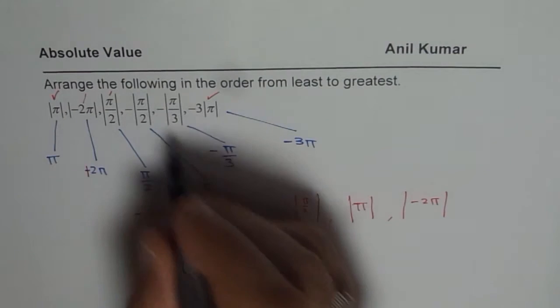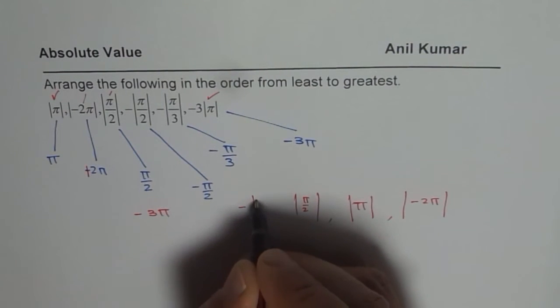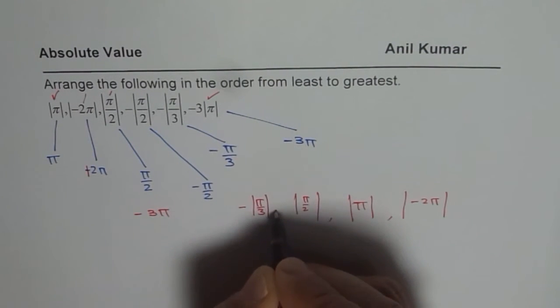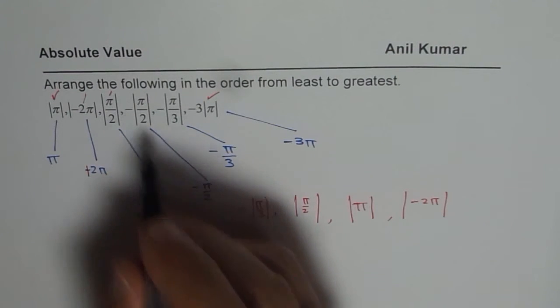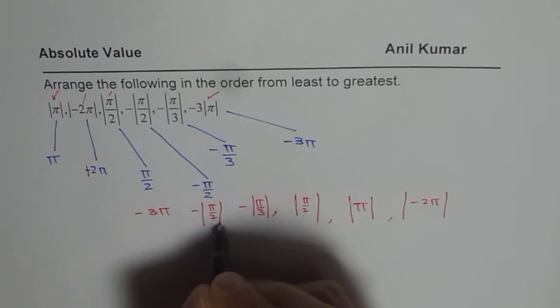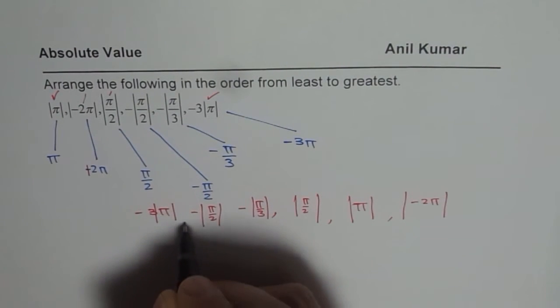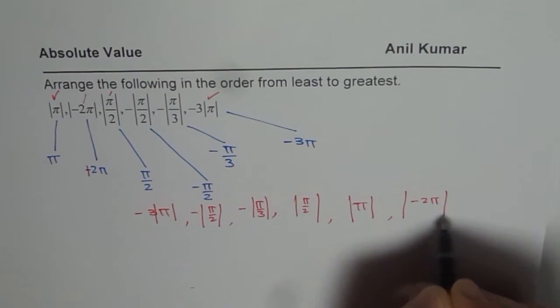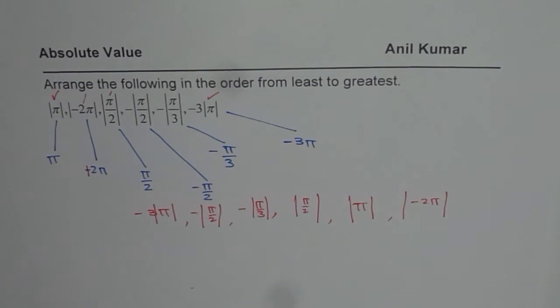So we get this number here, which is minus pi by 3. Is it okay? And then we're left with this number, which is minus absolute value of pi by 2. That is how you could arrange your values from least to greatest.